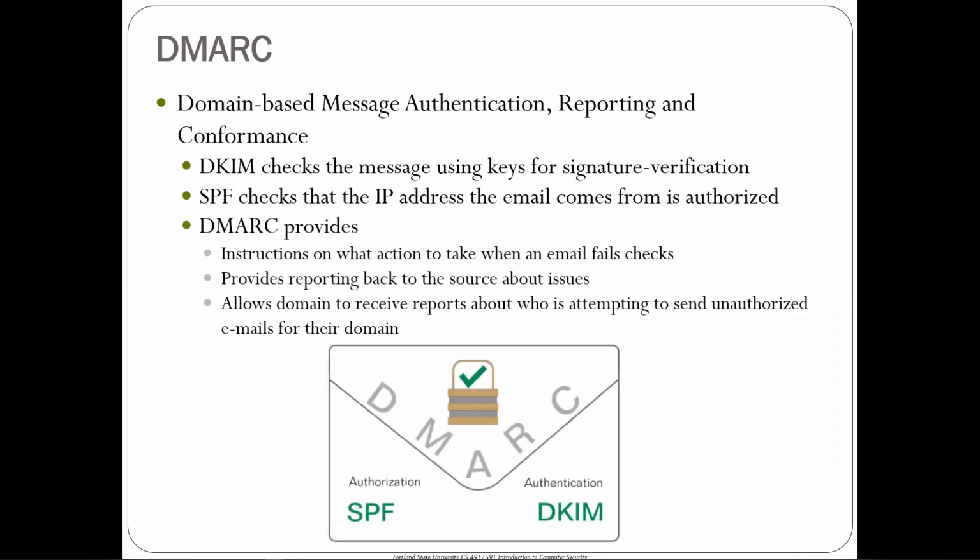DMARC is just saying what are the instructions for Gmail to take when a message from my domain fails the check. And then what it also does is say, how do you want these failures to be reported?